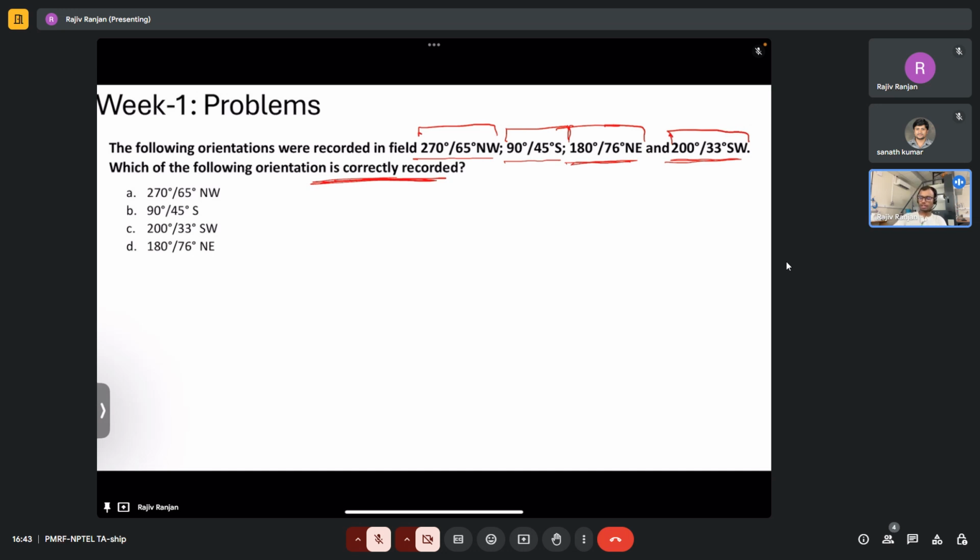Okay, so let us try solving it. North, south, east, west: 000, 090, 180, 270.